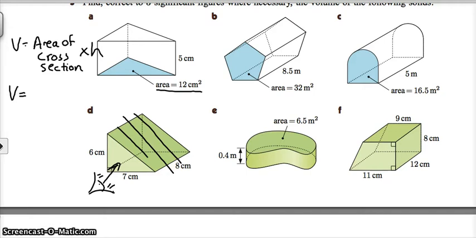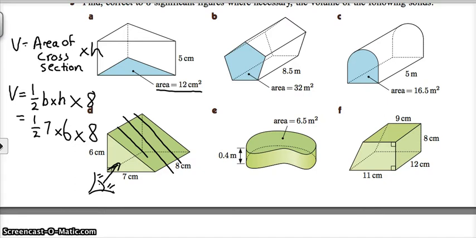Area of a triangle is half base times height. That will give me the area of the cross section, and then I'll multiply it by the depth or the height. Let's go 8. Half base times height, you half your base, which is 7, times by your height, and then multiply that by 8.